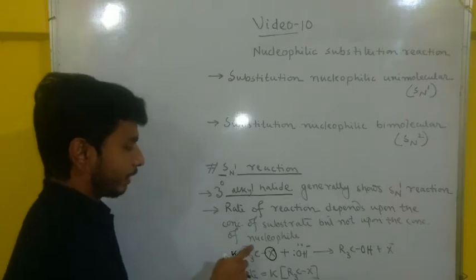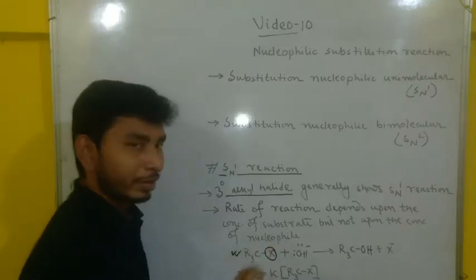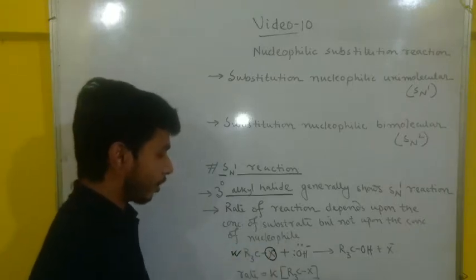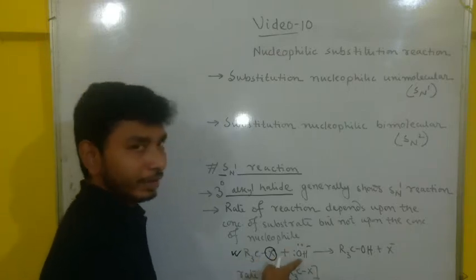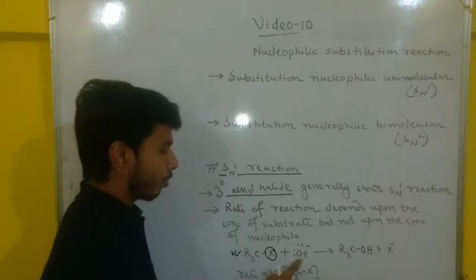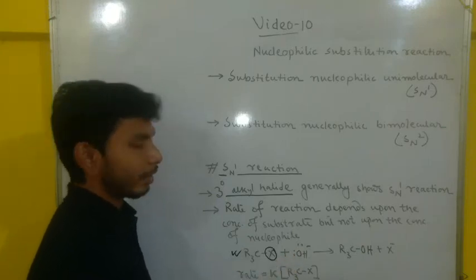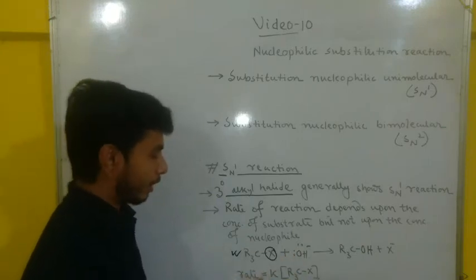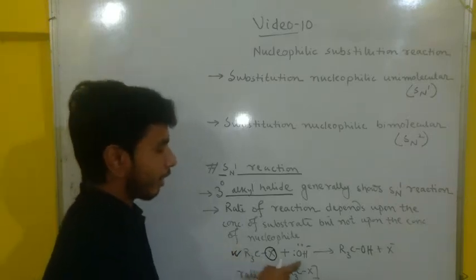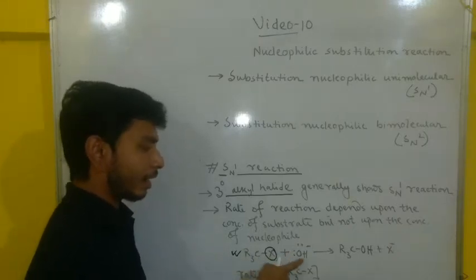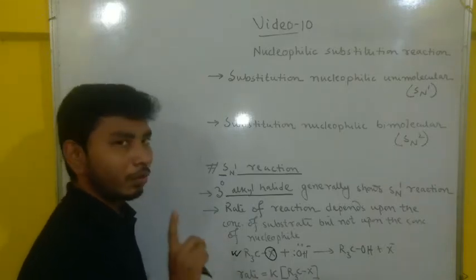Now, for this reaction, the rate means the speed of the reaction. In this reaction there are two reactant species, one is alkyl halide, other is nucleophile. But the rate of the reaction depends upon only one species.